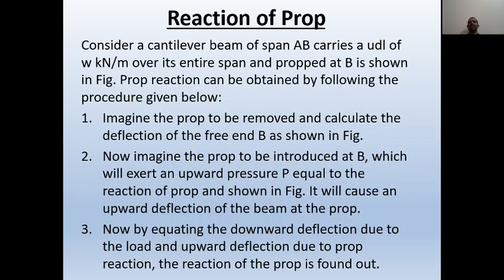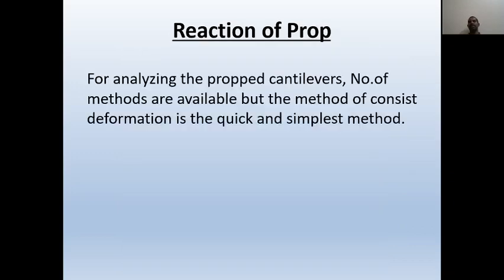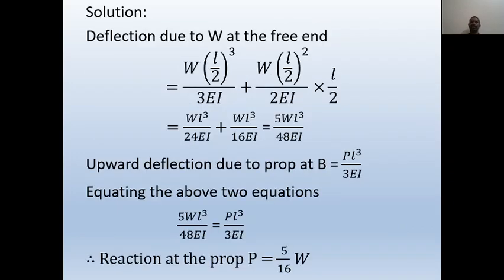We need to equate the downward deflection due to a particular load and the upward deflection due to the prop, and by equating those deflections, which is nothing but the compatibility condition, you find the prop reaction. Once the prop reaction is calculated, it is just like a cantilever beam where you consider the prop reaction as an upward load, and you can start the calculation of shear force and bending moment at various salient points.